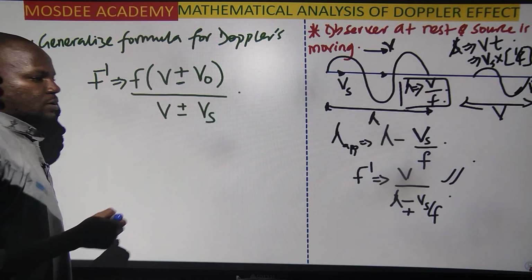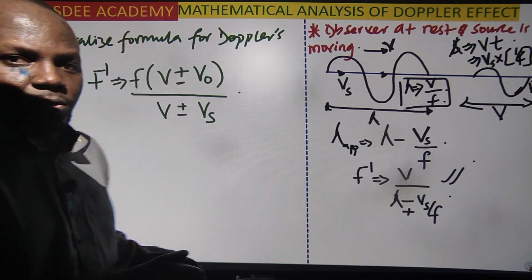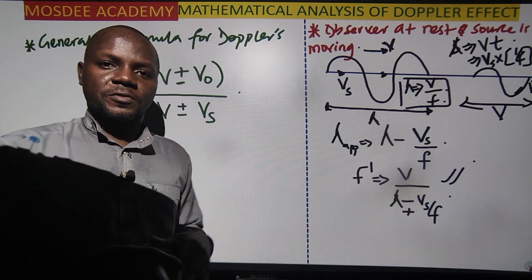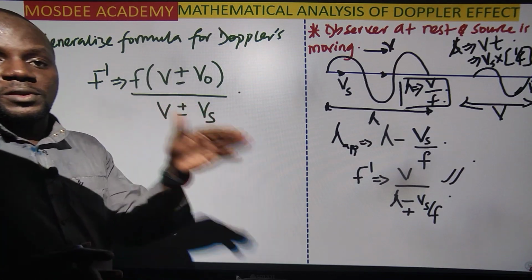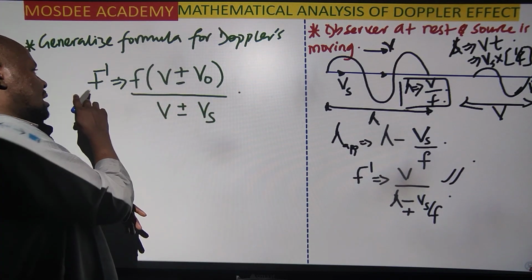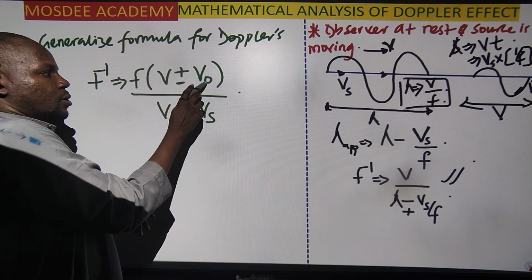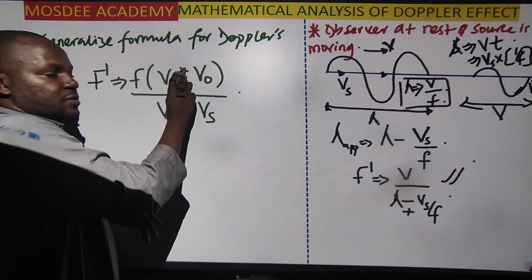Now, the concept of what I've used here is just the combination of the two things I've done. As you are moving towards the source, the frequency tends to increase. So because of that, as you are moving towards the source, you can see a direct relationship with the apparent frequency, so if the observer is approaching, you use positive.